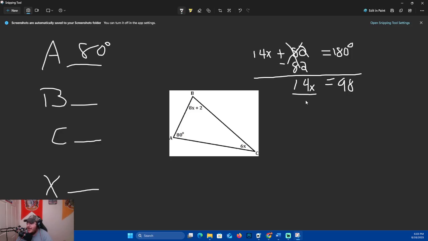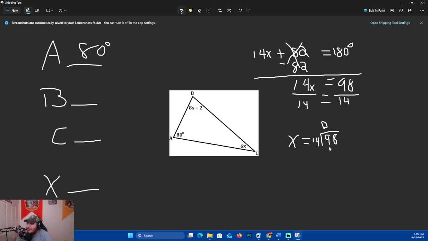So we would have to divide by 14 in this case. And what you do to one side of the equation, you do to the other. In this case, x equals 98 divided by 14. And so from here, 14 can go into 9 no times.